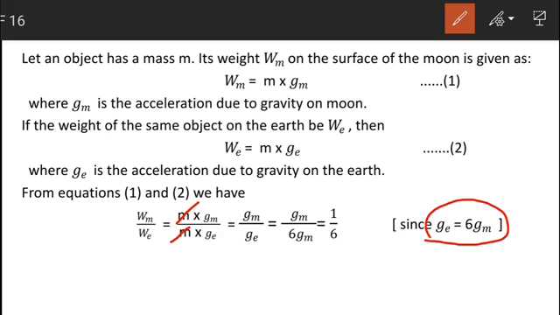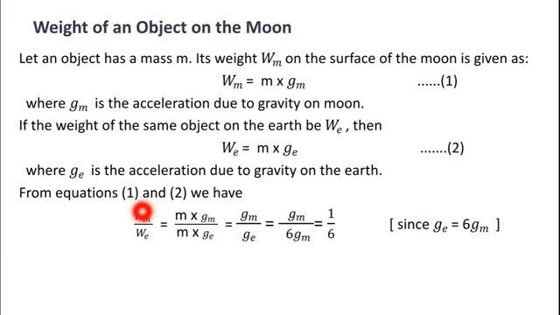So what we can write here? Gm divided by 6 Gm. That is, in place of Ge we can write 6 Gm. So here again Gm and Gm cancel out, and we get 1 by 6. So from here we can write Wm by We is equal to 1 by 6.